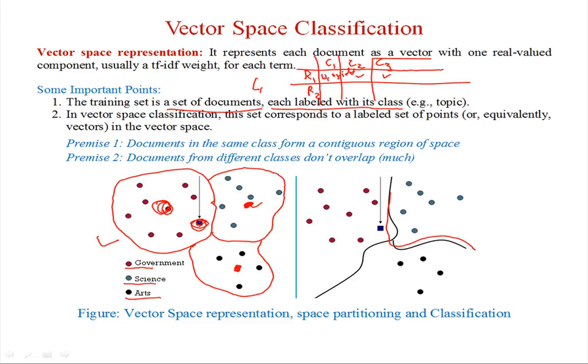Then we will decide that the document is more similar to the document set for which the cosine angle is the shortest. Here it is most similar to the red documents, as depicted here.